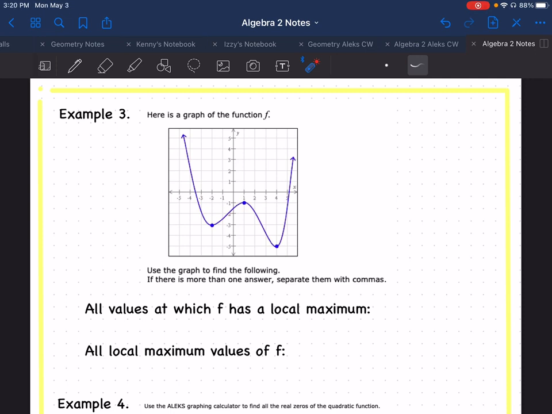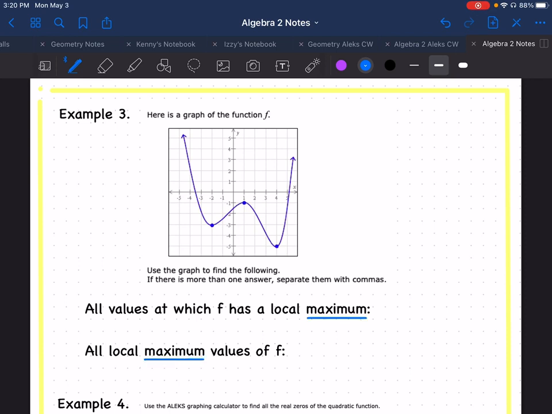What you need to be paying attention to is how the question is asked, because one of these is asking for the x coordinate and one of them is asking for the y coordinate. They are talking about a maximum, but they could be talking about a minimum, okay?